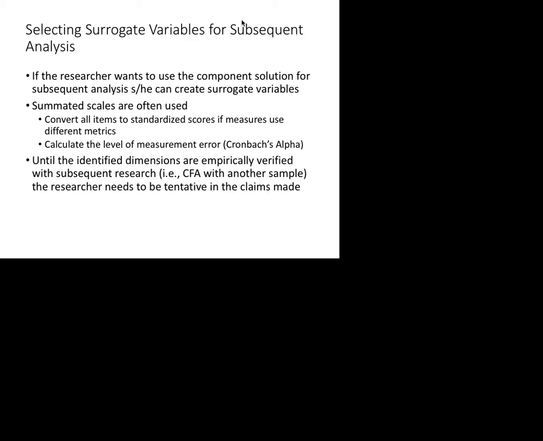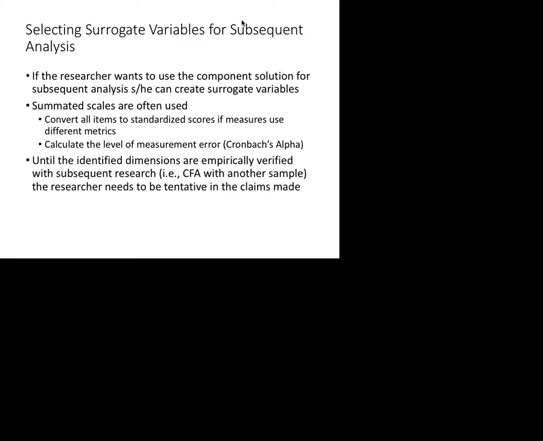Oftentimes, and we've talked about this some in class, we can take an average of the items, which is a very common way. So just use SPSS, use transform, and calculate the average for each person for the items that load on each of your components.